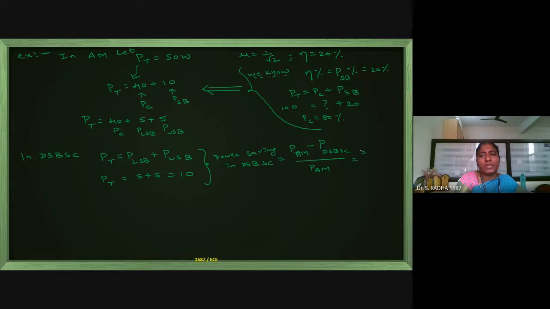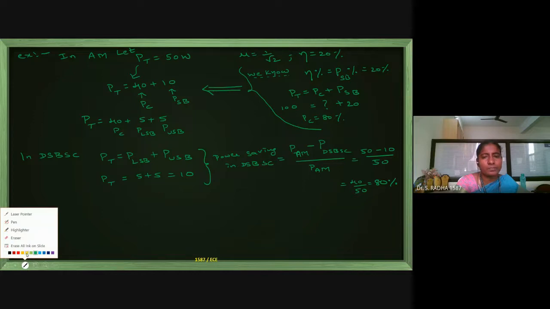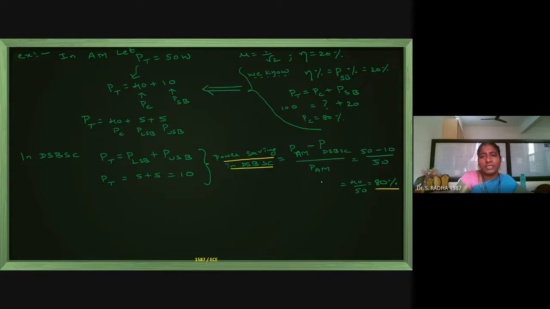So we had 50 in AM, DSBSC only 10. This is 40 by 50, which is 4 by 5 or 0.8. In percentage, this is 80%. So power saving in DSBSC is 80% compared to AM. 80% power is saved by suppressing the carrier.